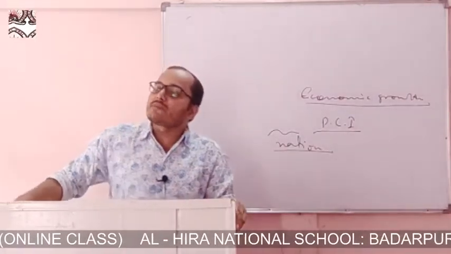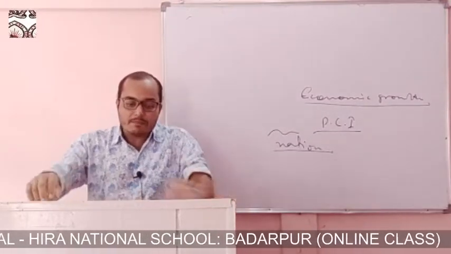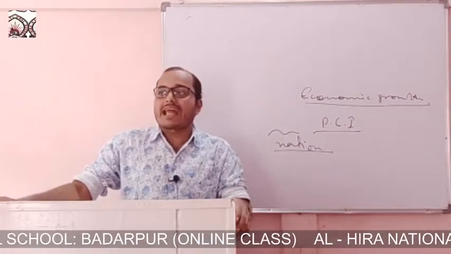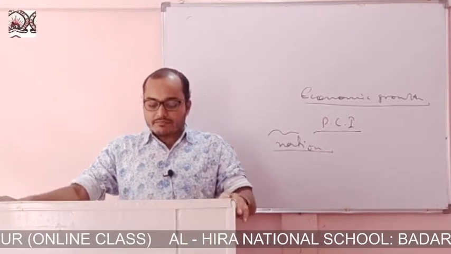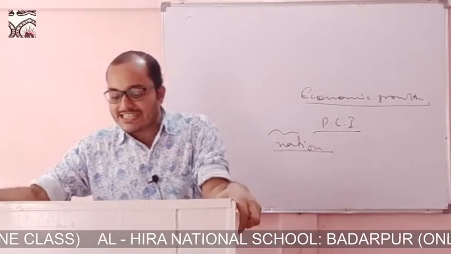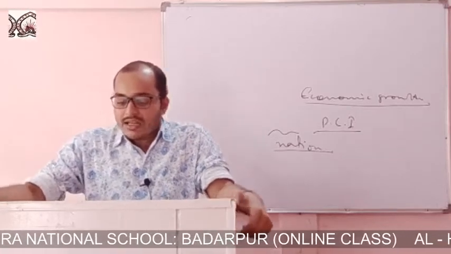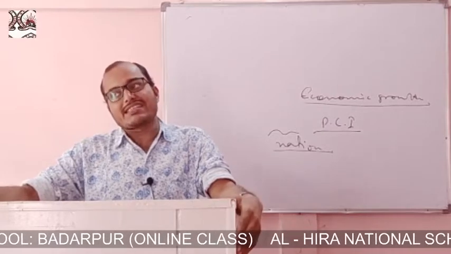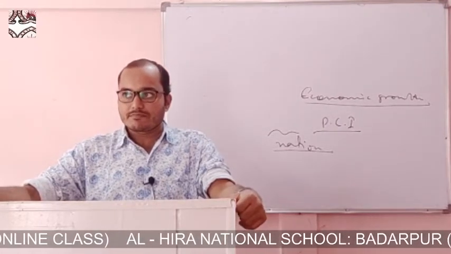Now life expectancy is the number of years that a child is expected to survive at the time of birth. Next is the level of literacy, which includes adult literacy and the gross enrollment ratio of primary, secondary and other branches of education.